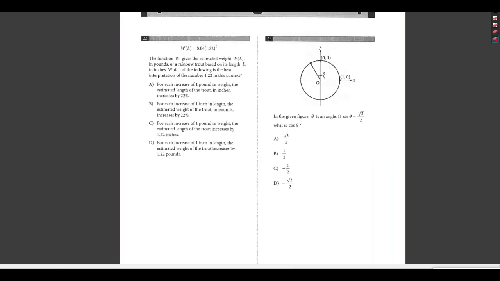Alright, number 22. We have the equation W equals 0.04 times 1.22 to the power L. Oh, this is the L, right? Yeah, the input is L. L is the length in inches. Okay, so we're going to find what this number is.